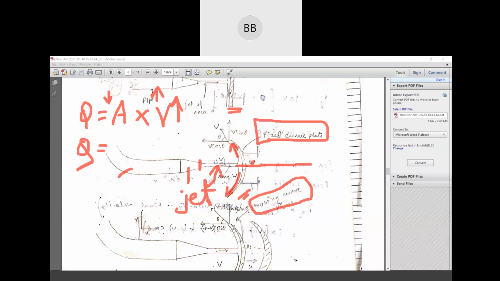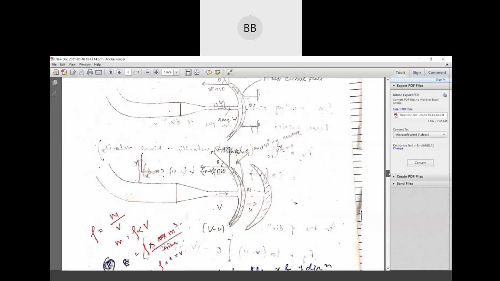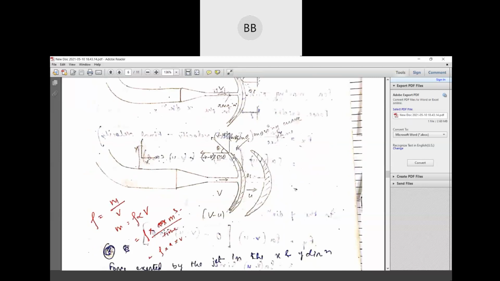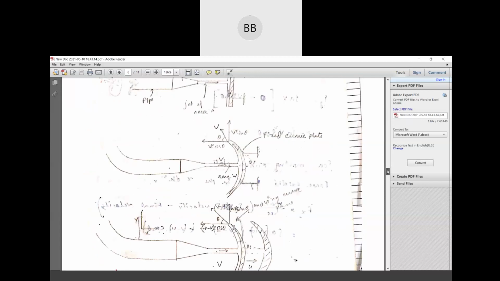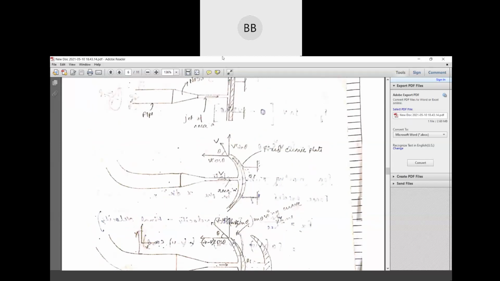When it goes out, the velocity at outlet makes an angle theta with the axis, okay.